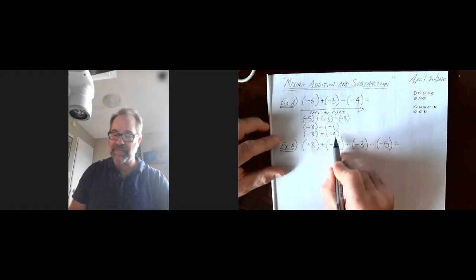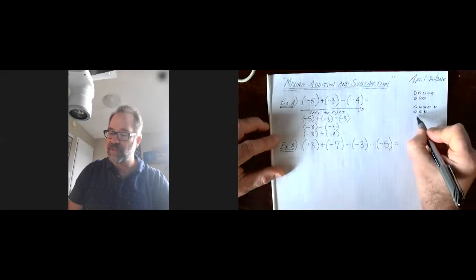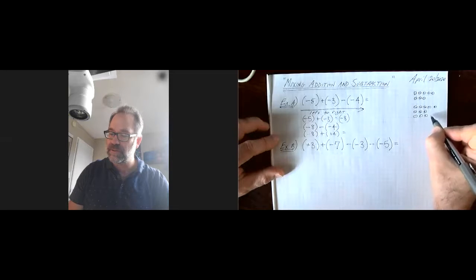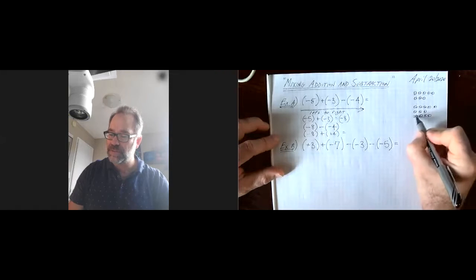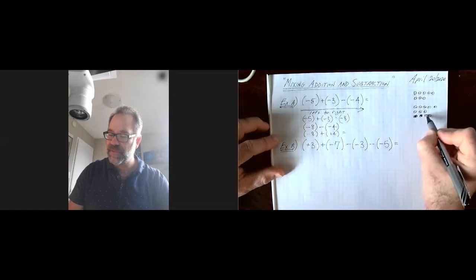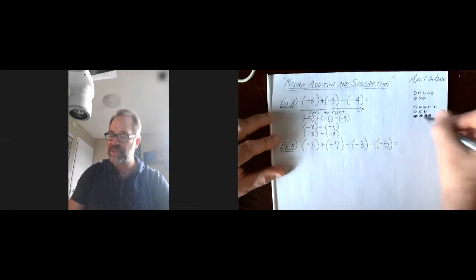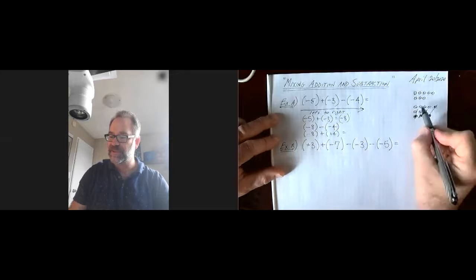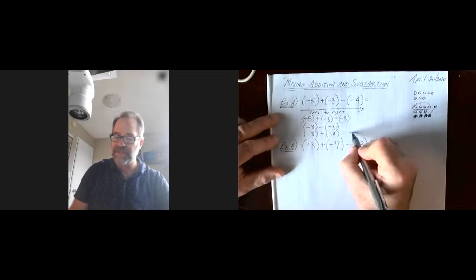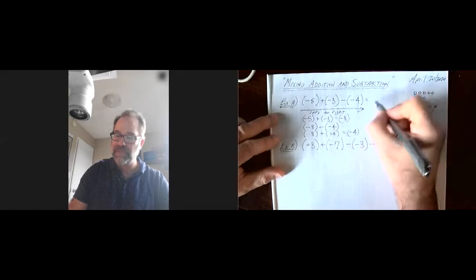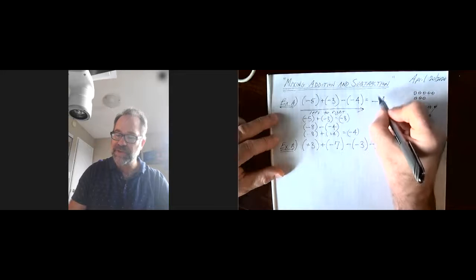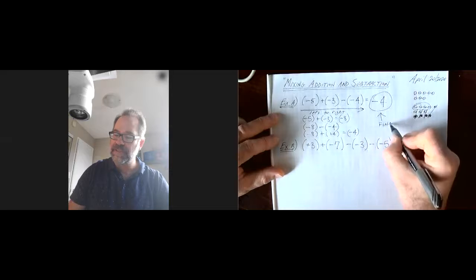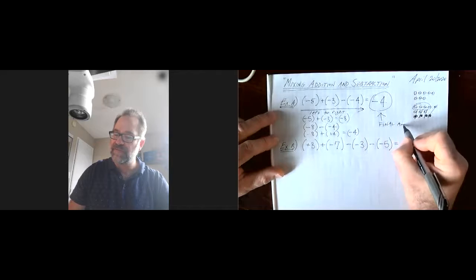And if I put in 4 positives, we'll shade those in. I'm going to have a few 0 pairs. So these will cancel, these will cancel, these will cancel, those will cancel, and what I'm left with is -4. So the answer to our first one, our final answer, is -4.